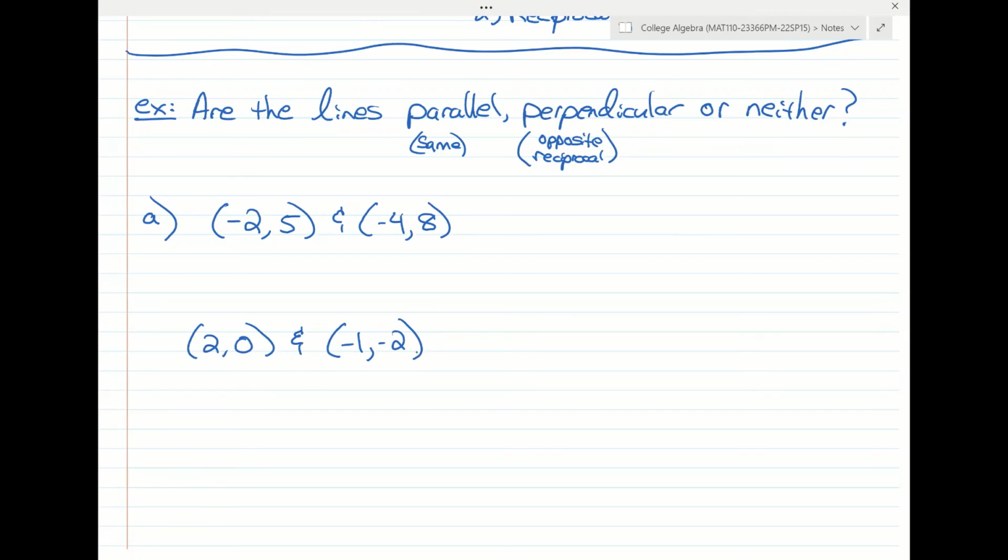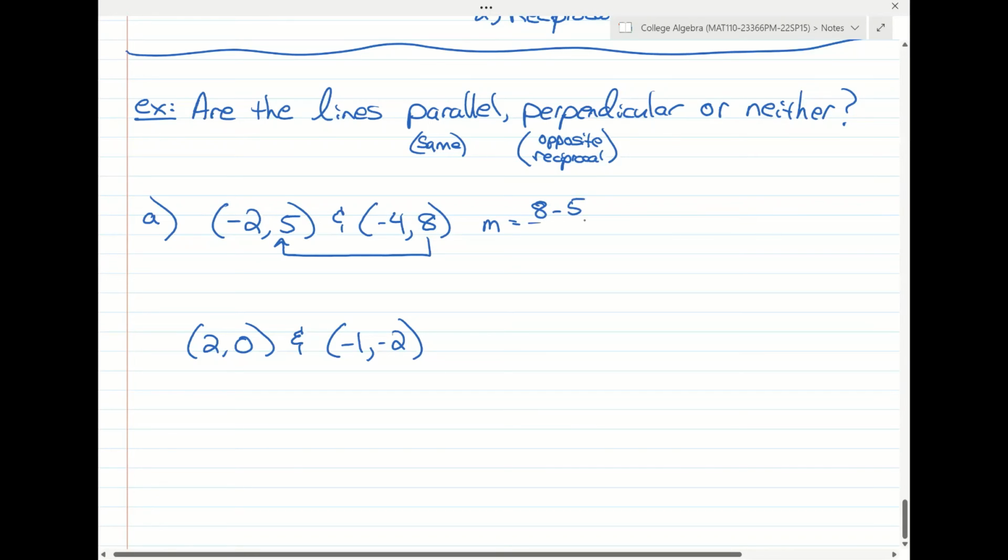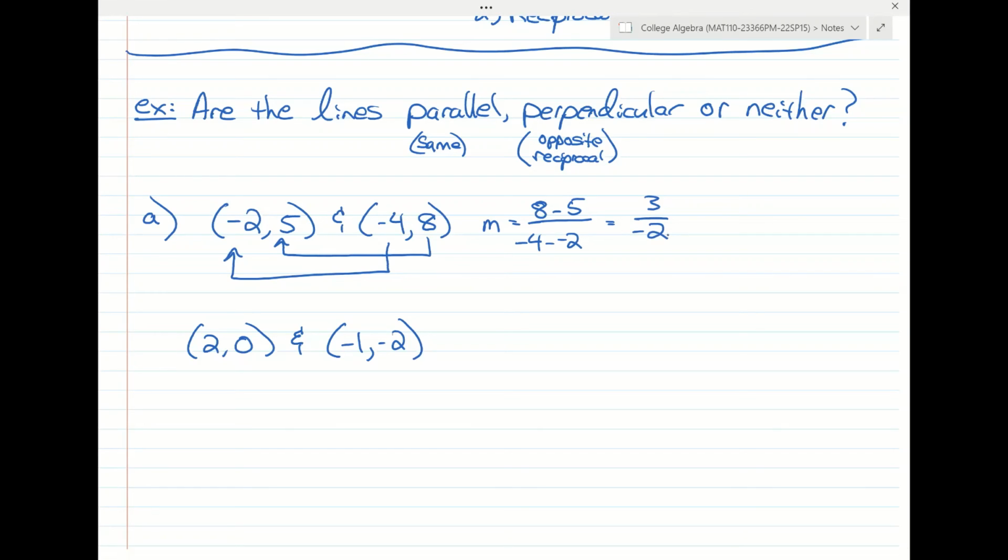Figure out their slope and then compare them. The slope of the first line would be 8 minus 5 over -4 minus -2, which is 3 over -2. If the second line is parallel, it's going to be the same thing. If it's perpendicular, it would be positive 2 over 3.